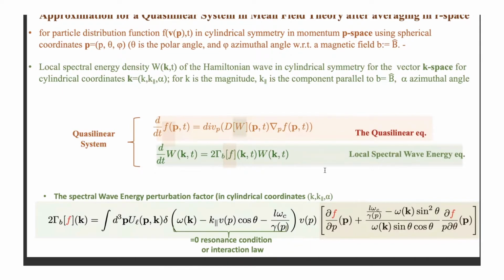So when you look at this, it's a true problem, as we like to call, of mean field theory. Remember that, for instance, when we do Vlasov-Poisson, the electric field is not an external field. It is going to be a field that is the gradient of the potential associated to the charges in the Poisson equation. Well, here the magnetic field is fixed, the electric field threshold is zero, but what really matters is the coupling with the spectral wave energy.